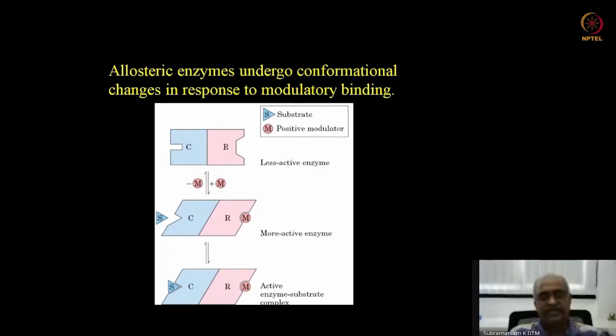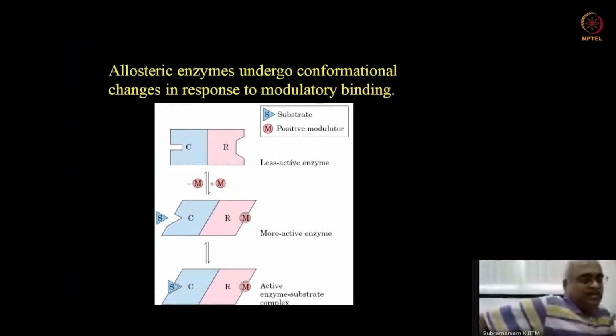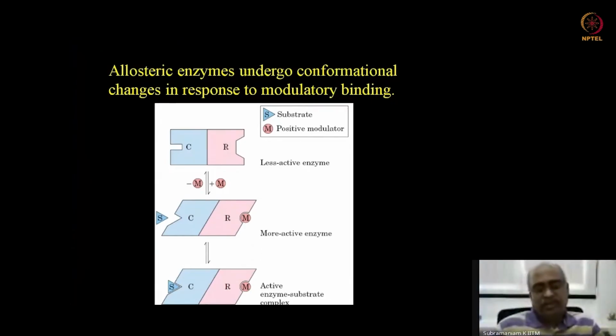Positive regulation, negative regulation. In a situation like hemoglobin, where substrate binding to one subunit activates substrate binding to another subunit, I told you these kinds of enzymes are called homotropic enzymes. So in these homotropic situations, when the effect is positive, we call that positive cooperativity, because there is a cooperation among the subunits.